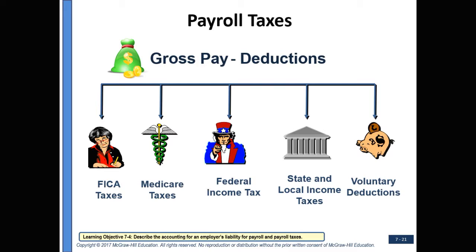Taxes that are withheld include FICA, Medicare, federal income tax, and state and local income taxes. In addition to the employee portion of FICA, there is also a matching portion by the employers.